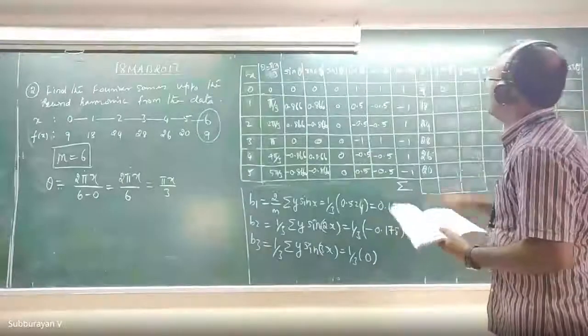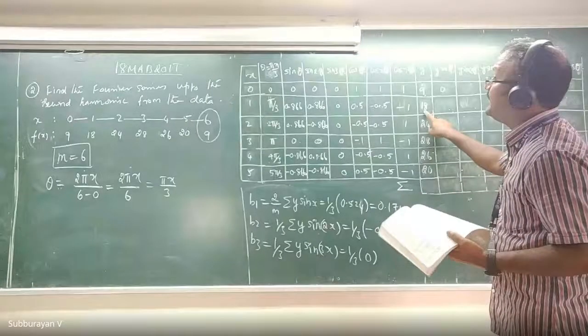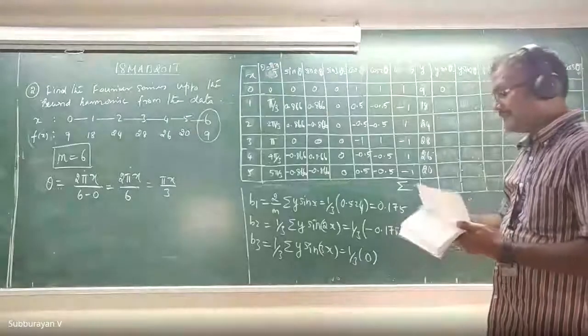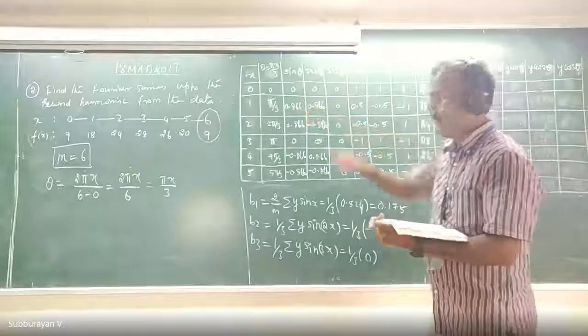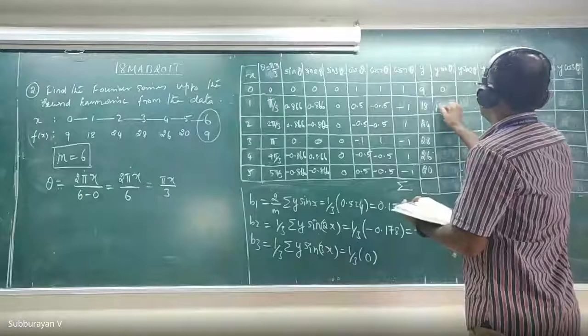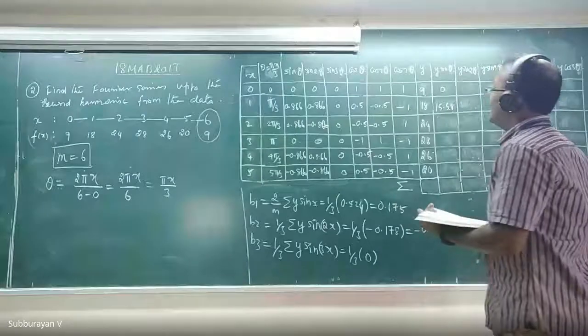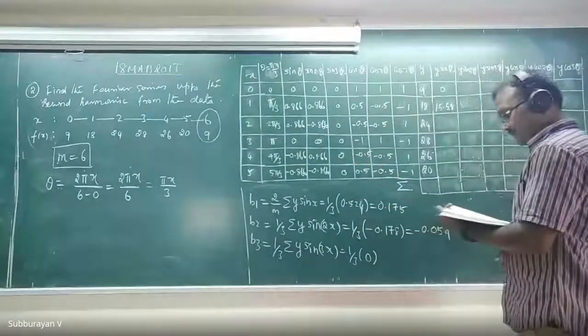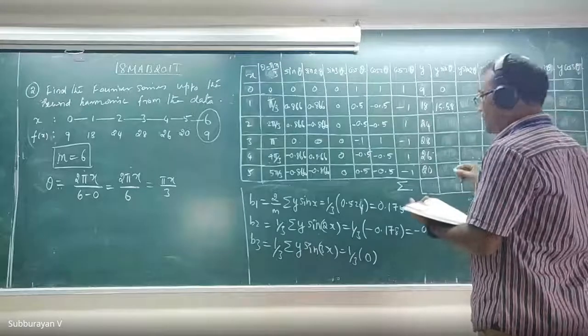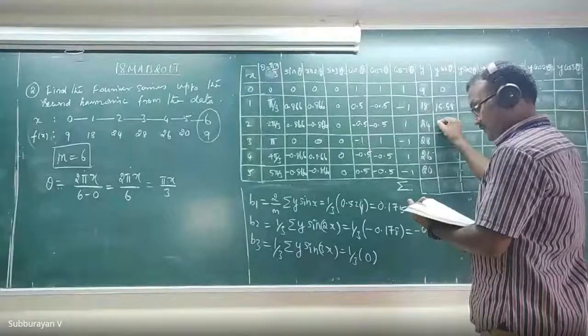This column: 18 into 0.866 is 15.58. And 24 into 0.866 is 20.78.